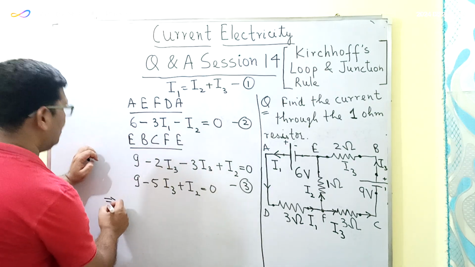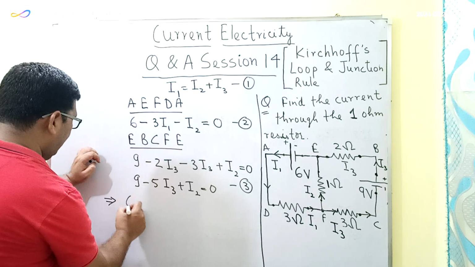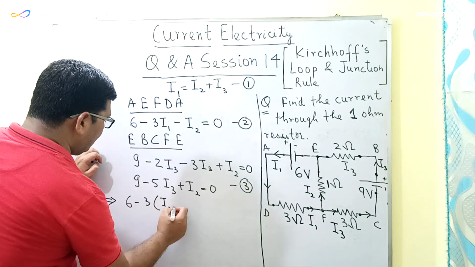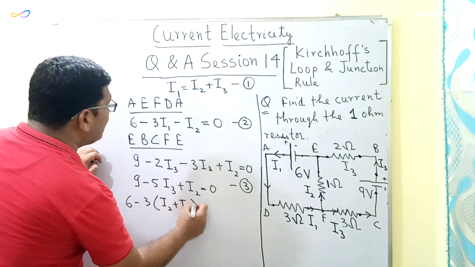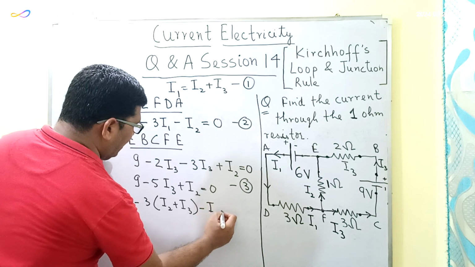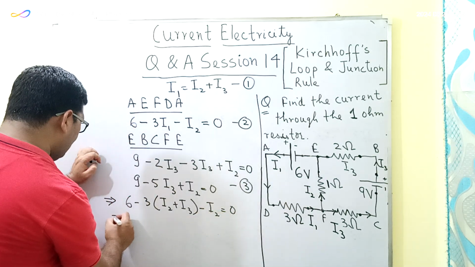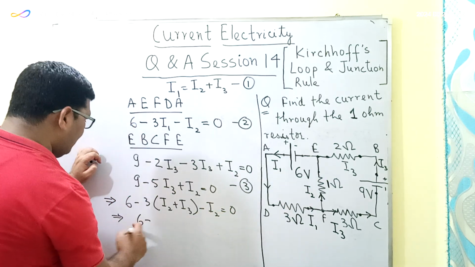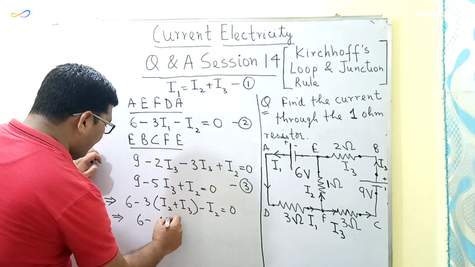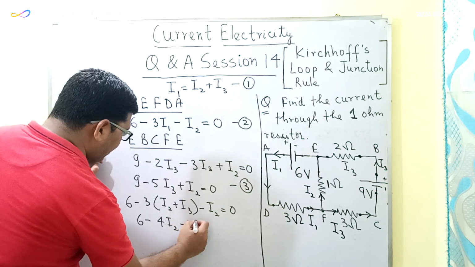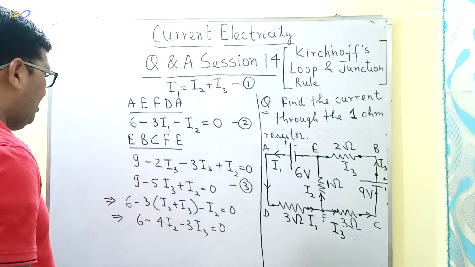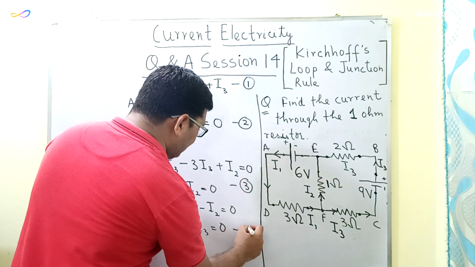So from the equation number 2 and 1, I will be getting 6 minus 3, now I1 is equal to I2 plus I3, minus I2, and this is equal to 0. So it implies that 6 minus 3I2 minus I2 is equal to 4I2 minus 3I3, and this is equal to 0. So let us take this as equation number 4.